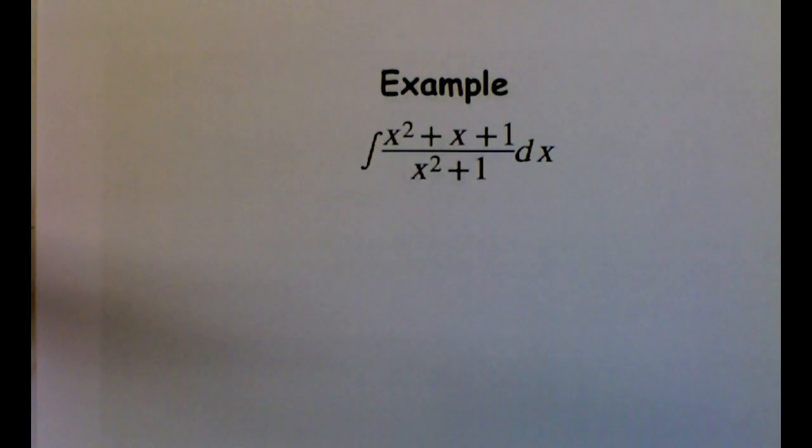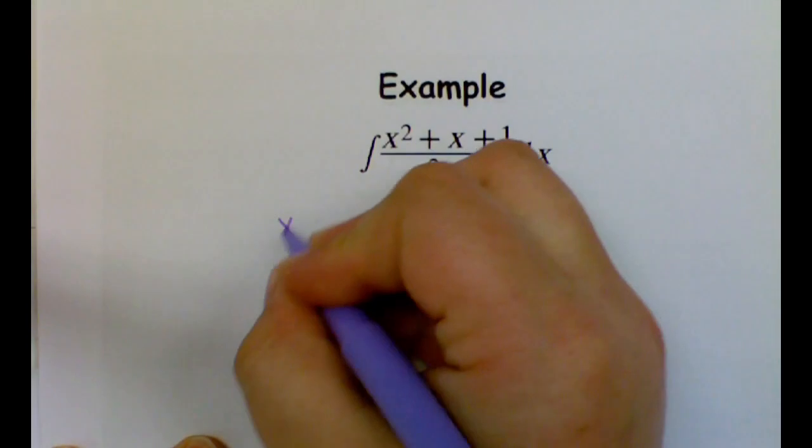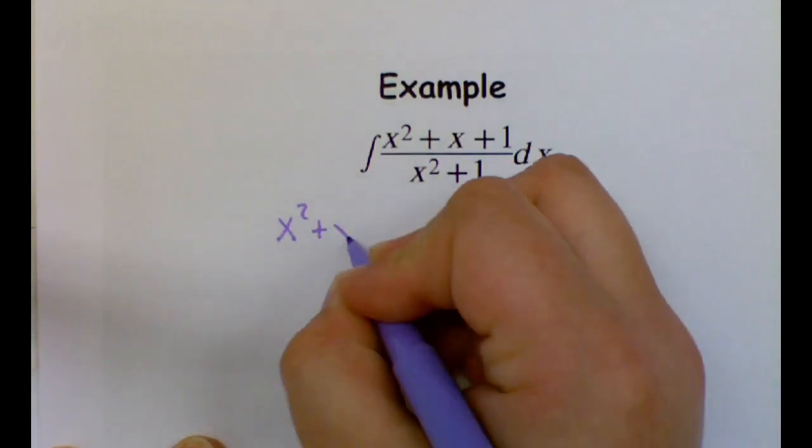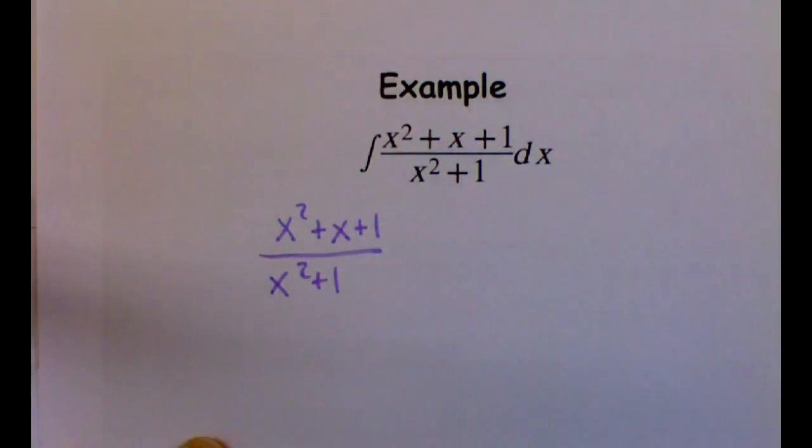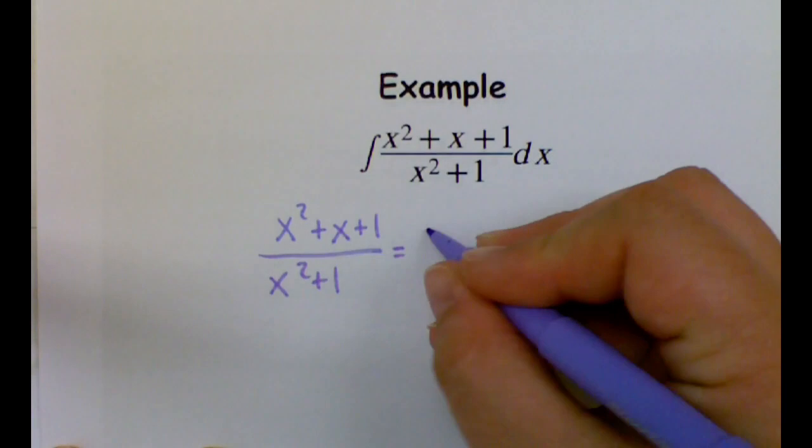All right, now we're going to get a little crazier. Well, the numerator is definitely not any version of the derivative of the denominator, but fractions are nice because we're going to work with it a little. I can actually break this apart.